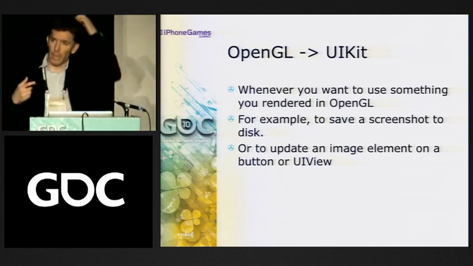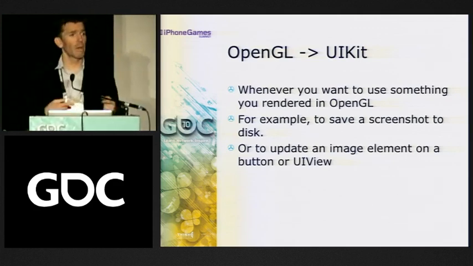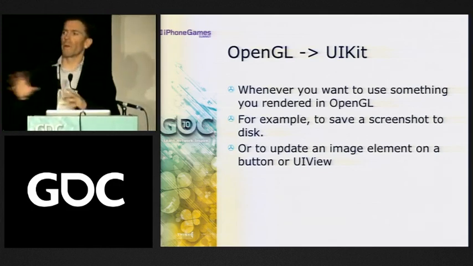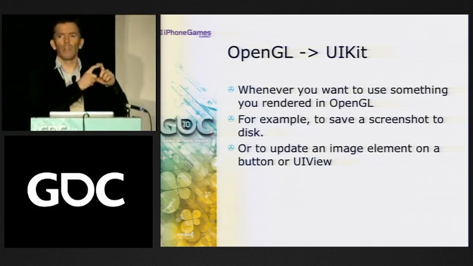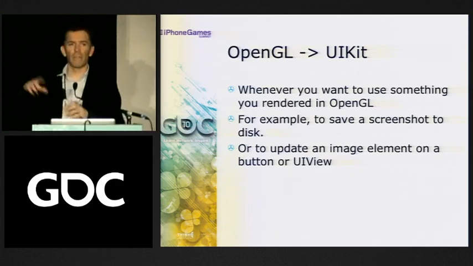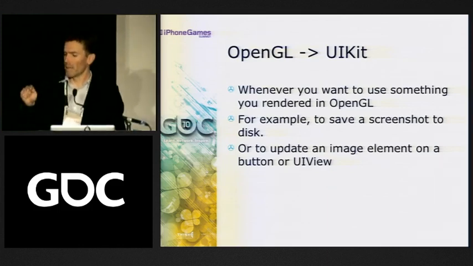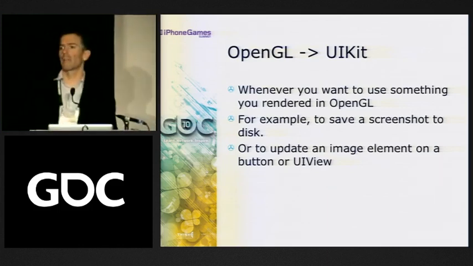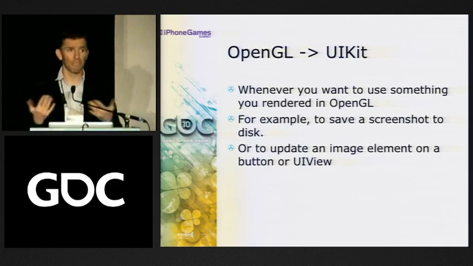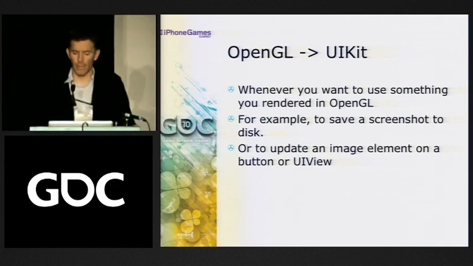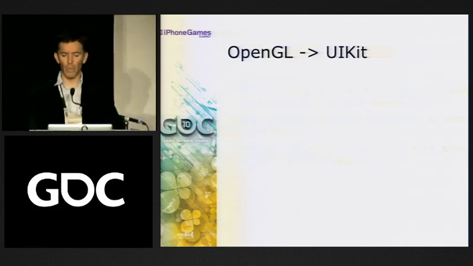For example, in the character customization thing that we're talking about, maybe you get your red hair barbarian, and before you move out of that screen, you take a little screenshot and you put it in a button. Now you have some other screen that is purely 2D, but it has an exact render of your barbarian that people can tap on, and then it brings you to the character customization screen. So that allows you not to put the full 3D rendering right there. It can be really useful.